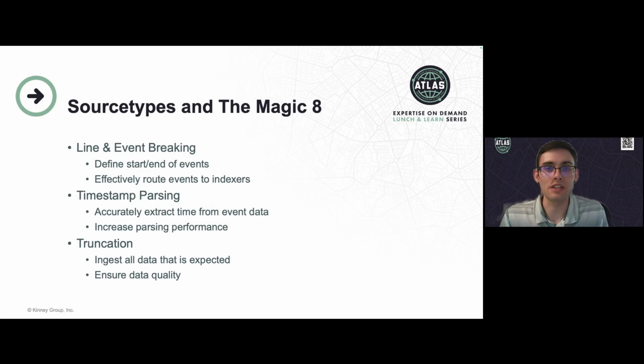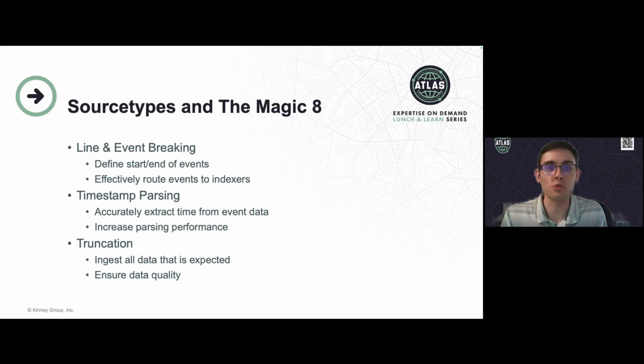But as we think about these data sources, and we want flexibility and accuracy in configuration, we want to be able to define specific source types that apply to each of those data sources. So with today, we'll have 2 different source types that we create. We're going to be looking in the Magic 8 at these 3 categories. One is line and event breaking. These have some similarities, but some very important differences that I'll cover as we're talking about the individual configuration options.